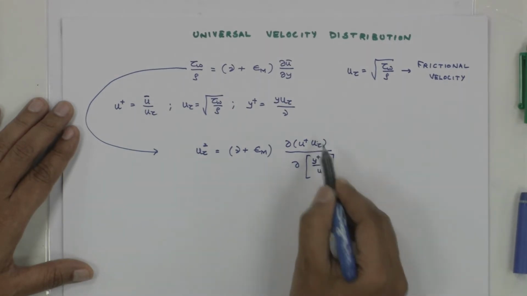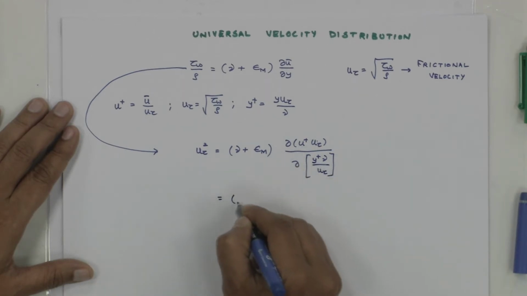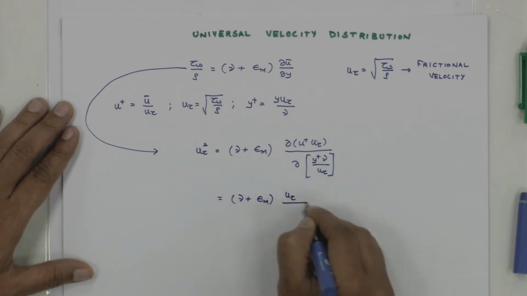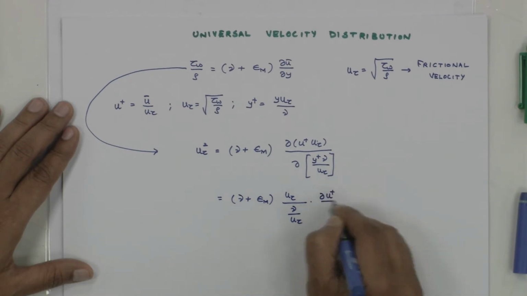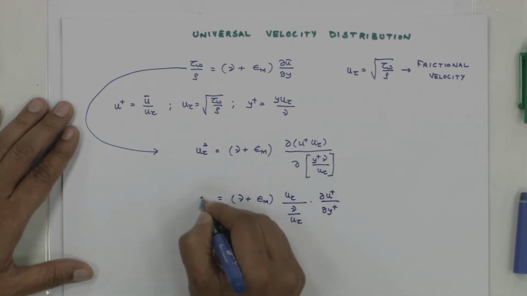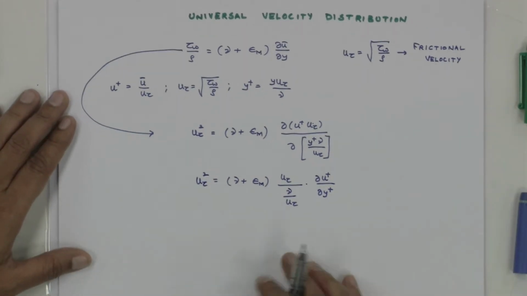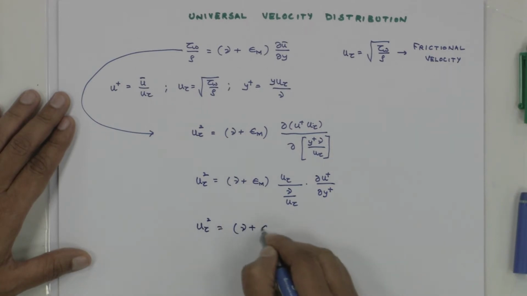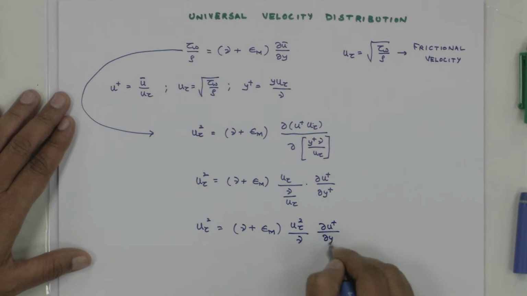But this u tau and nu are constant, I can pull them out. So (nu plus epsilon m) into u tau by nu by u tau into del u plus by del y plus, and this is u tau squared. If I rearrange them, you get u tau squared equal to (nu plus epsilon m) u tau squared by nu, del u plus by del y plus.